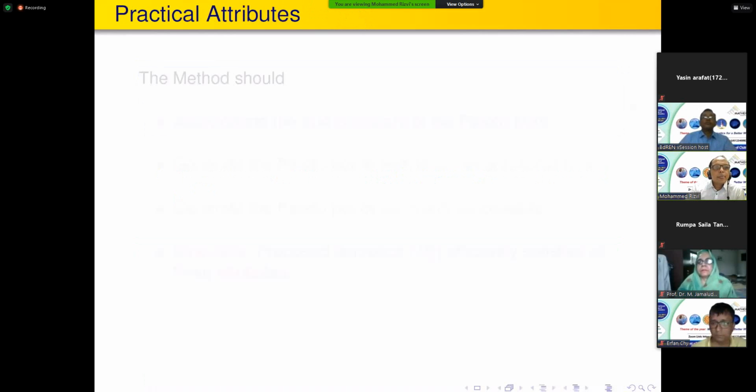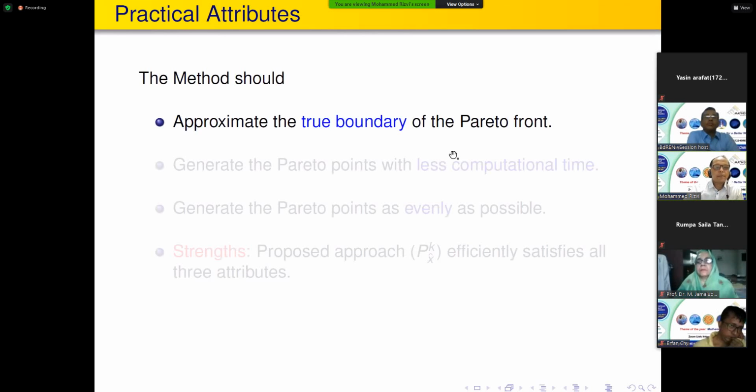Now next, when you propose some scalarization approach or some algorithm to solve a problem, you need to set some criteria on which basis you can claim that this algorithm is better. So we set three conditions there. The method we propose should approximate the true boundary of the Pareto front, which is the exact boundary of the front.